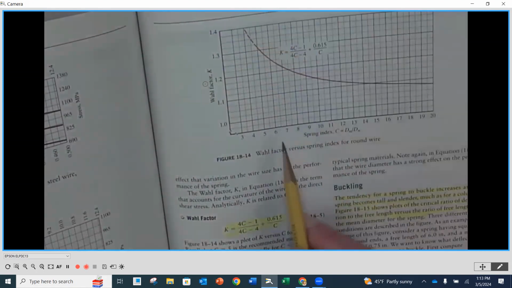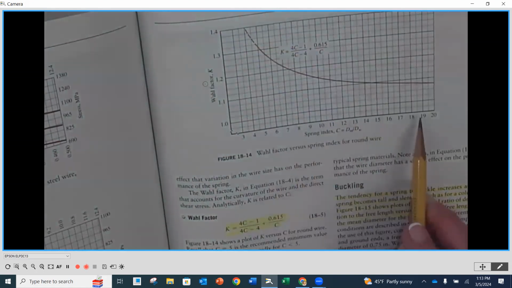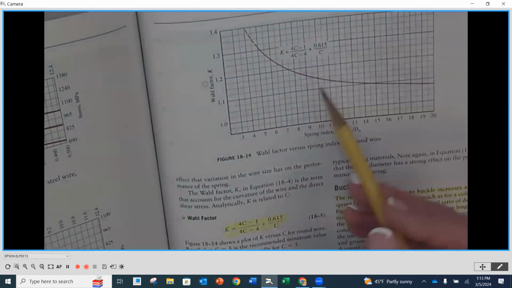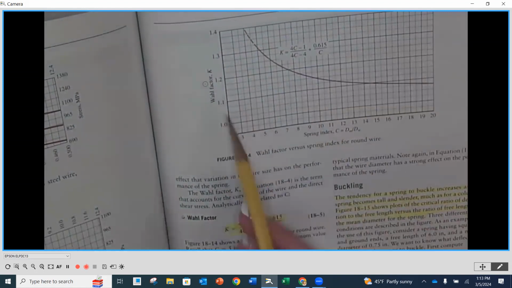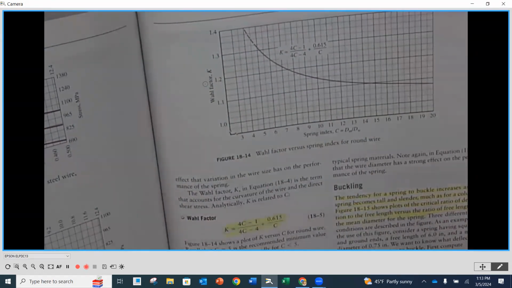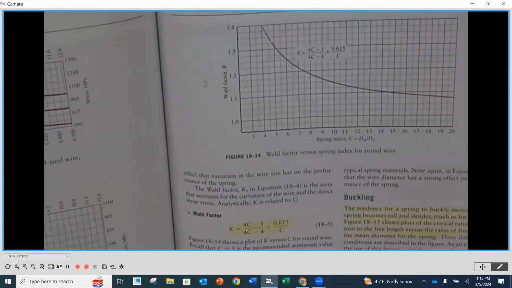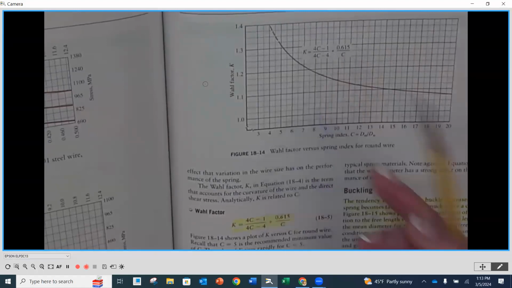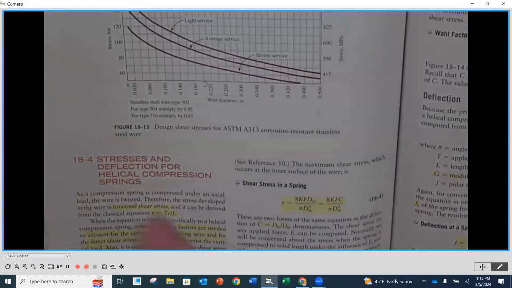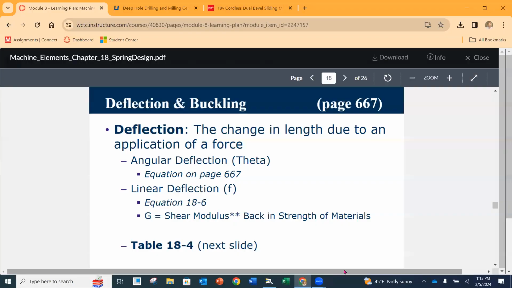And yes, there's some curvature here, but it really starts to go up after 5. And that's kind of the point. You don't want to be over on this side. So you want to be at 5 and to the right. Once we go up and over, that helps us determine our wall factor on the chart, as opposed to if we didn't want to calculate it. But we can calculate it as well using the equation we see here. But you can physically see what that looks like and its behavior.